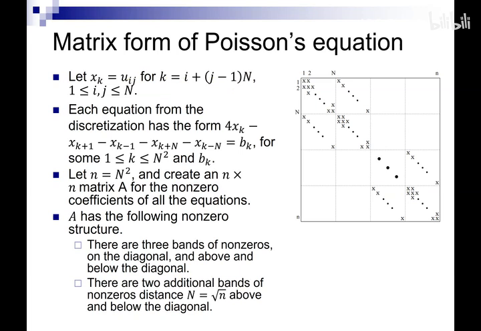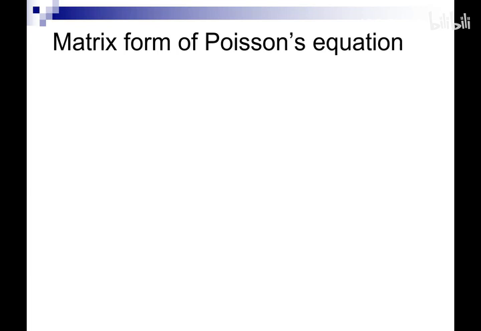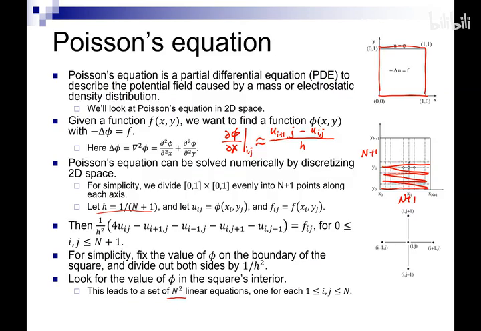And now we have this equation over here, and you see that for each equation you have only five non-zero values. Five non-zeros in the coefficients.